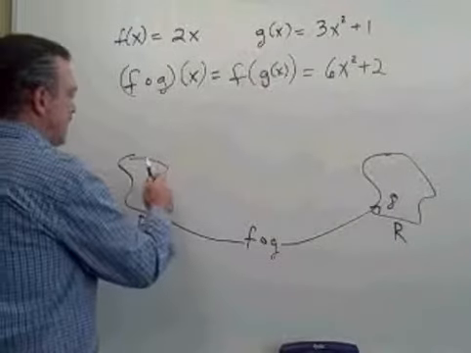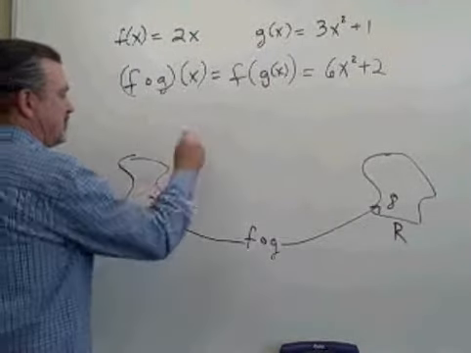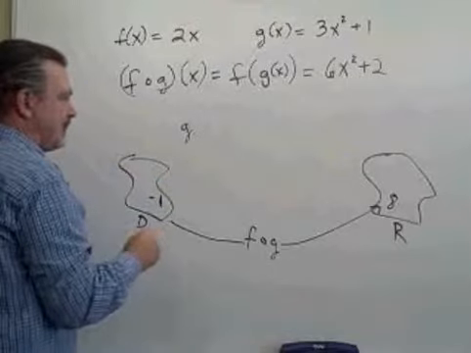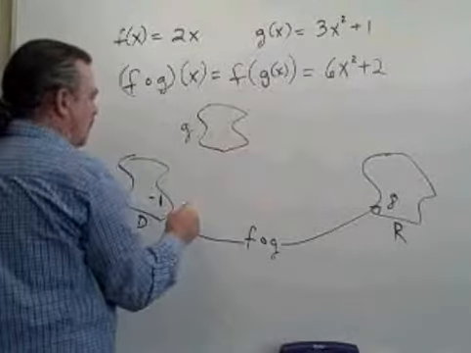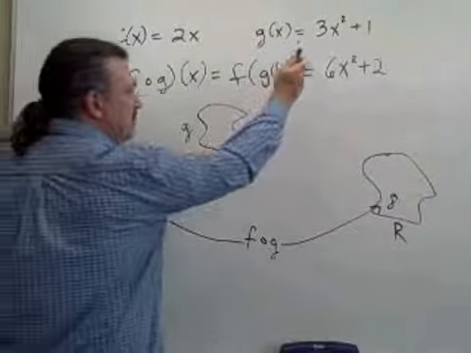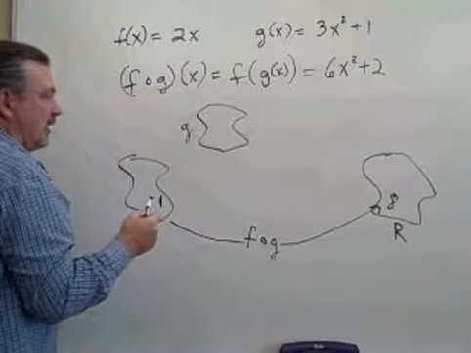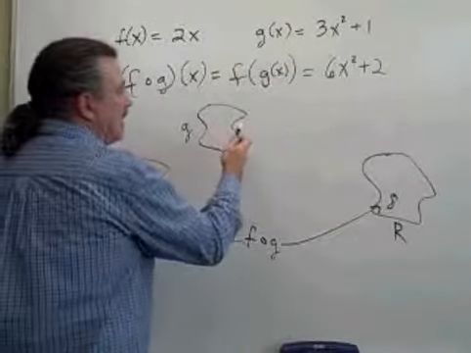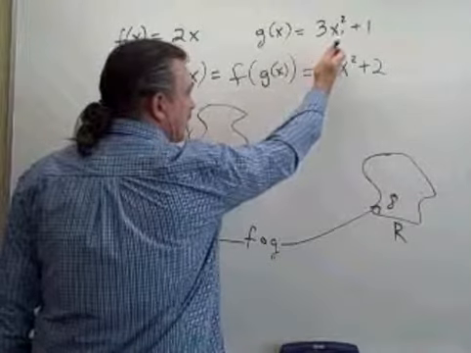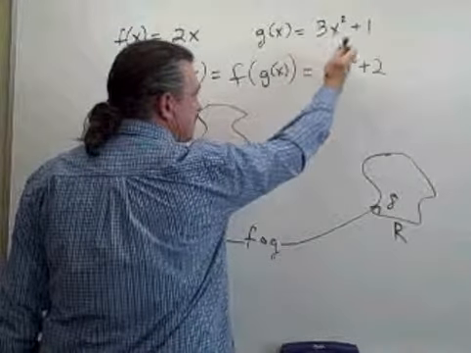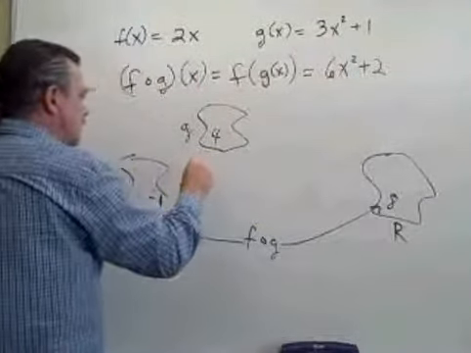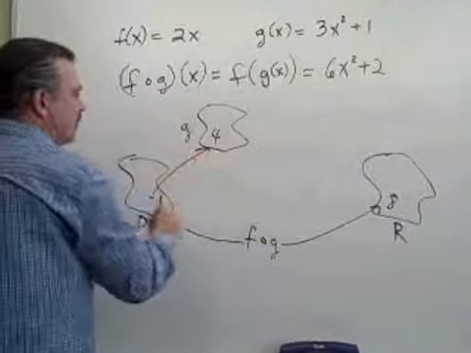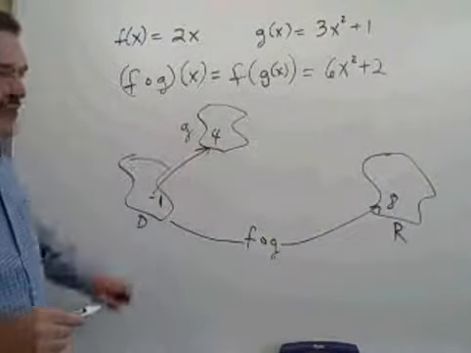So if we think about this value also being part of the domain of the function g, when we evaluate that function at -1, -1 squared is 1. 1 times 3 is 3. 3 plus 1 is 4. -1 would map to 4 under the g function.